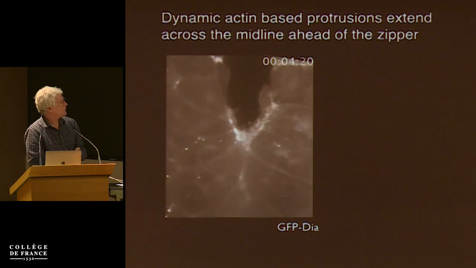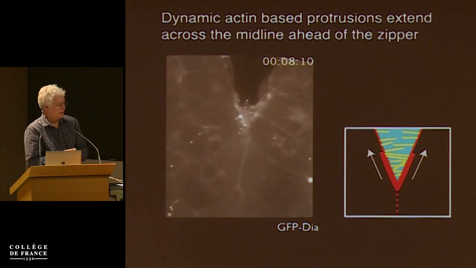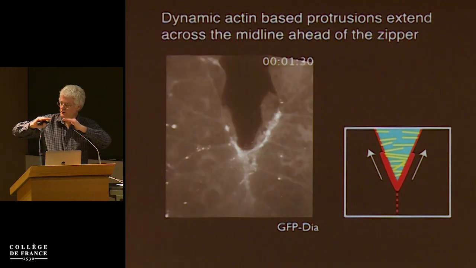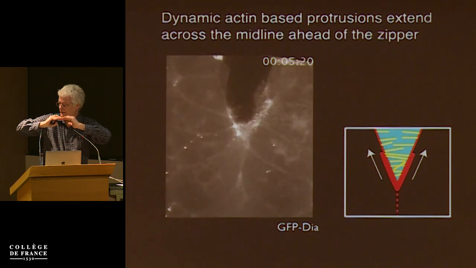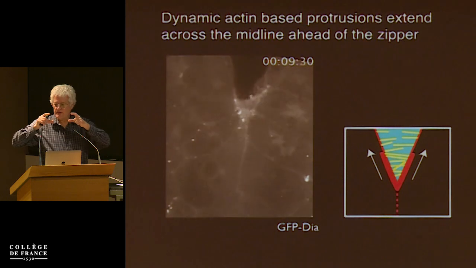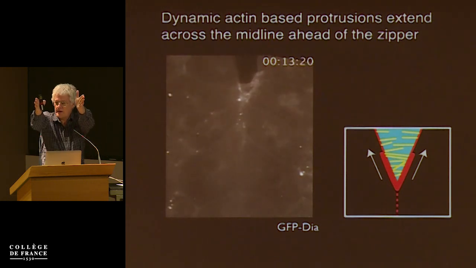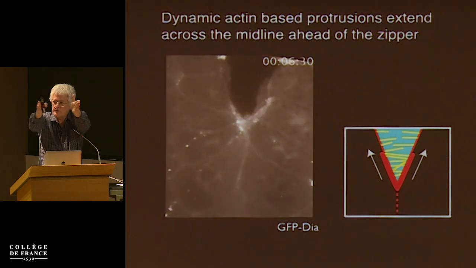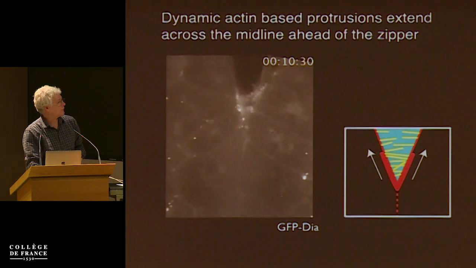And that gives rise to a very simple general model for how this might work, which is that there's short range bidirectional signaling across the midline, which excites localized contraction along junctions just ahead of the zipper. And that contraction then advances the zipper forward and also brings cells further along closer together, so that they're now within signaling range and can signal to one another.